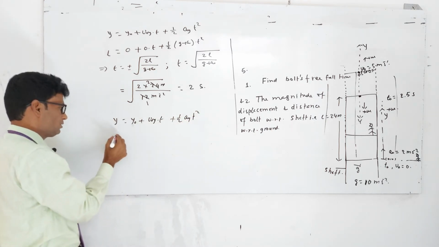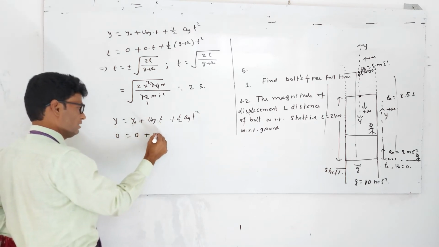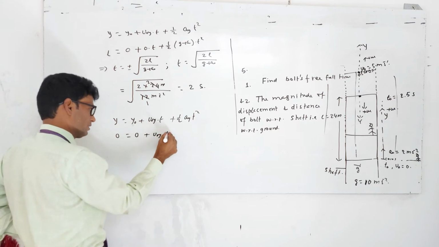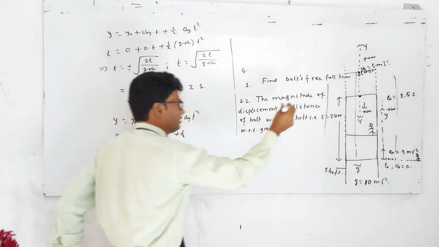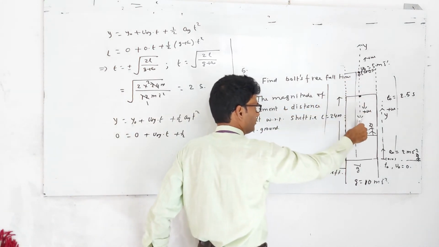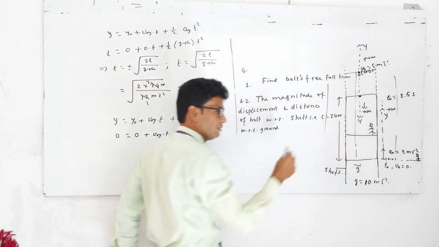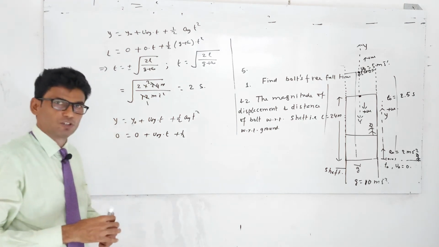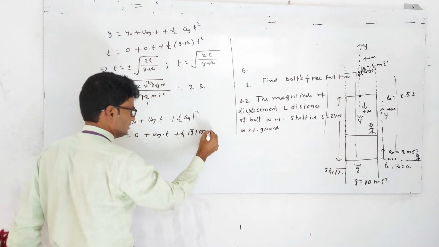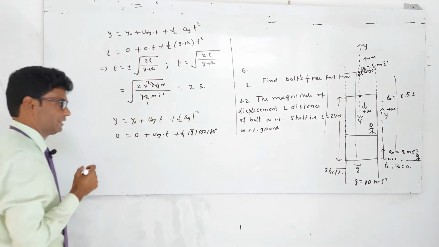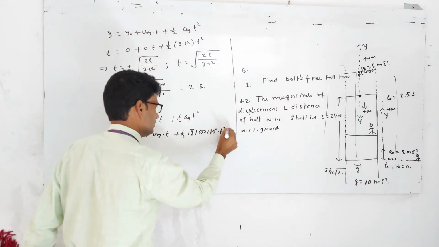It came again to the origin, so the final y coordinate is 0, and the initial is already 0. v naught y we put later on, and t is the time we have to find, plus half a_y. The g vector is vertically down, and we have to take the component of this g vector in the assumed positive direction, so it comes out to be mod g cos 180 degrees, times t square.